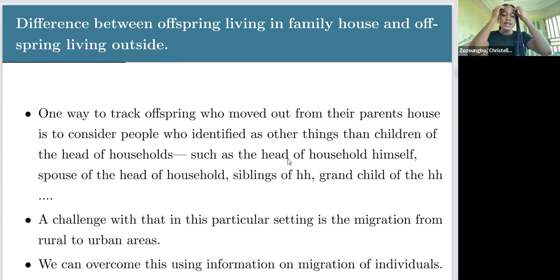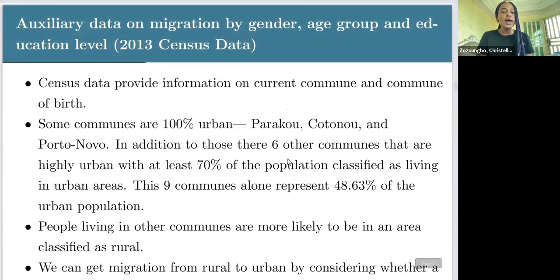And so that creates a challenge in this new method that I'm working on, because then I have the problem of tracking people who migrate from rural to urban areas. One way to overcome that challenge is to use information on migration of individuals. One good thing about the census data is that it provides information on the current location of the individual and the location of birth.